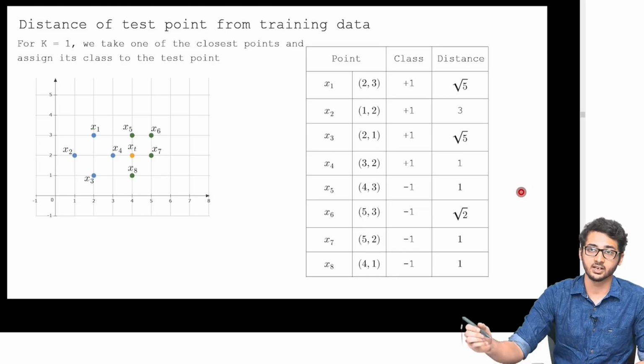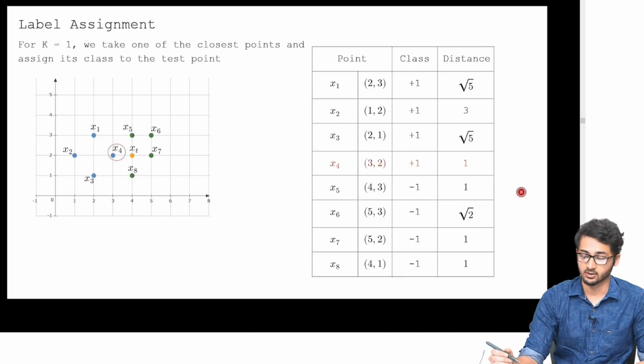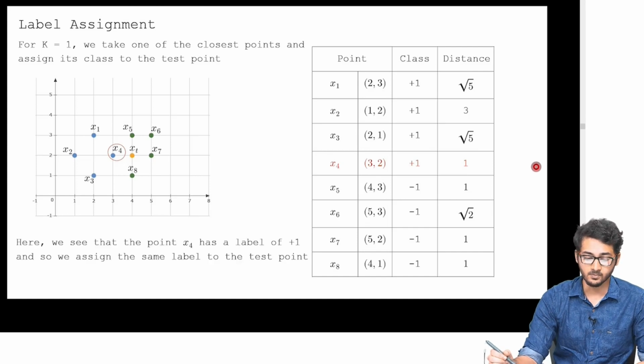Here the nearest point can be any of x4, x5, x7 and x8. For the sake of this example, we will take it to be x4, which has a label of +1. If I assign the same label to our test point, the test point would also take a value of +1.